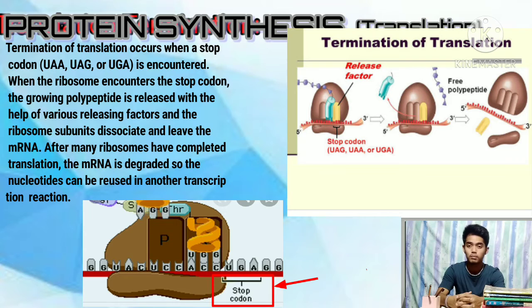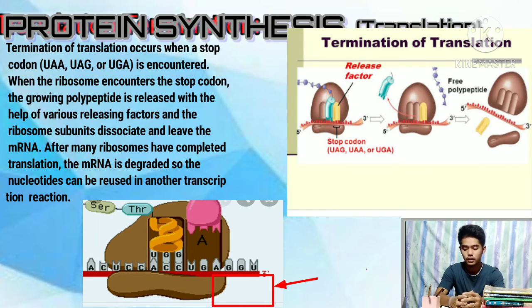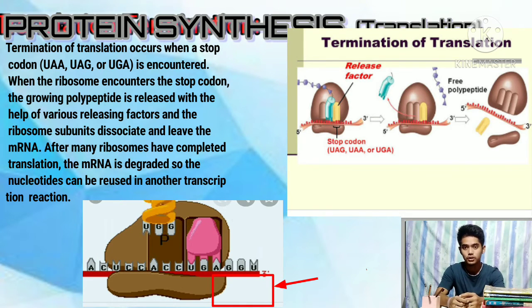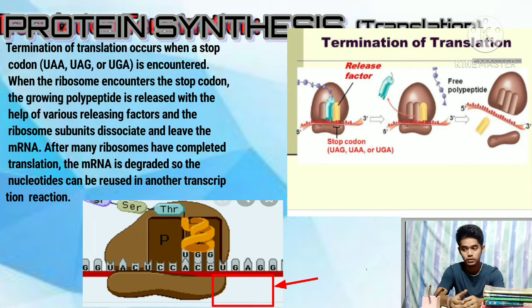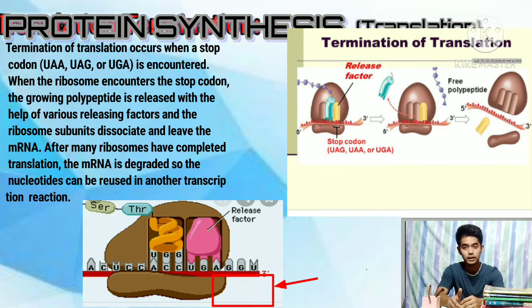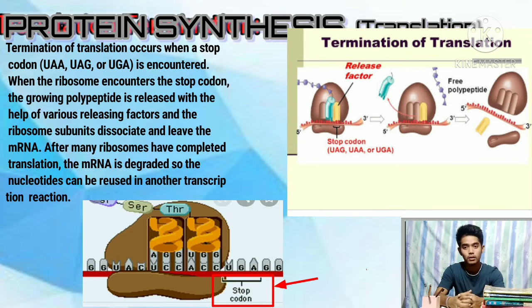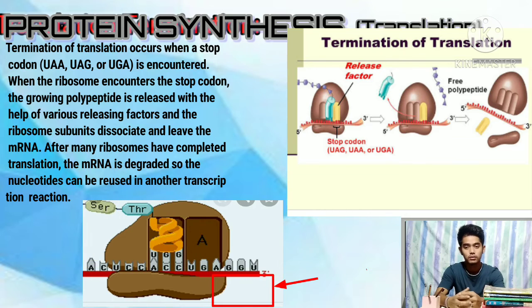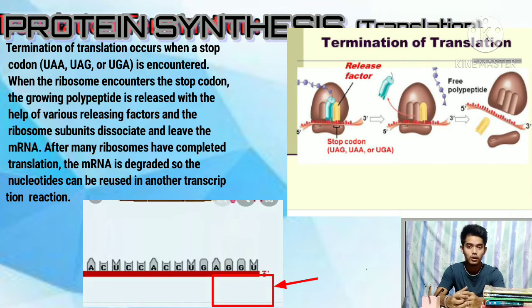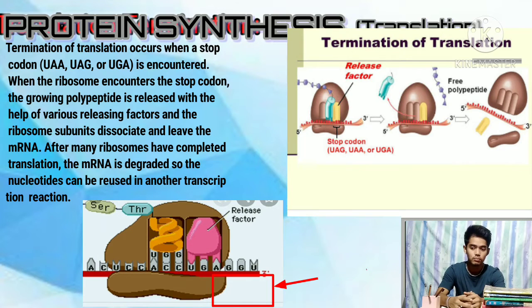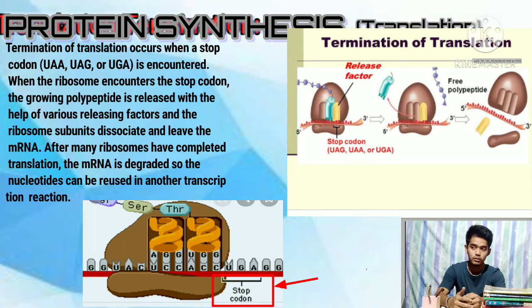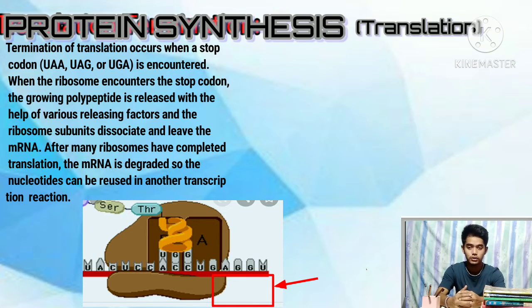When the ribosome encounters the stop codon, the growing polypeptide is released with the help of various releasing factors, and the ribosome subunits dissociate and leave the mRNA. After many ribosomes have completed translation, the mRNA is degraded so the nucleotides can be reused in another transcription reaction.